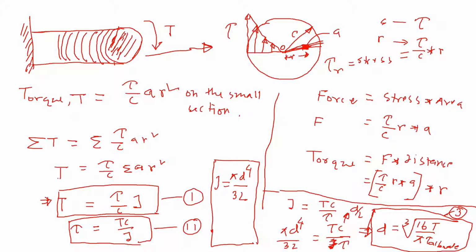So use the allowable when you're asked to design something. And these other 2 basically calculate the internal resisting torque or shear stress. So that's about the torsional shear stress, torque, and design formulas.